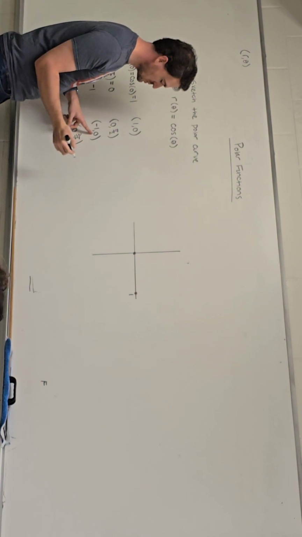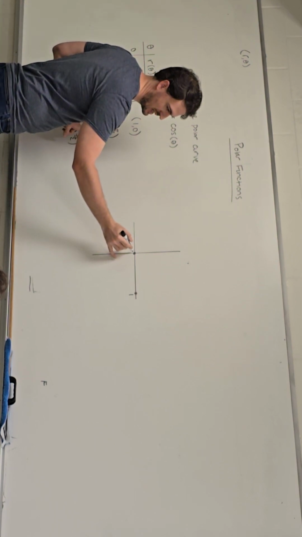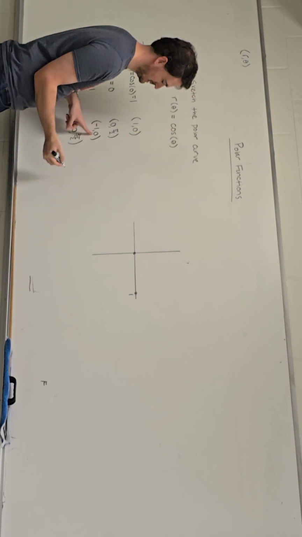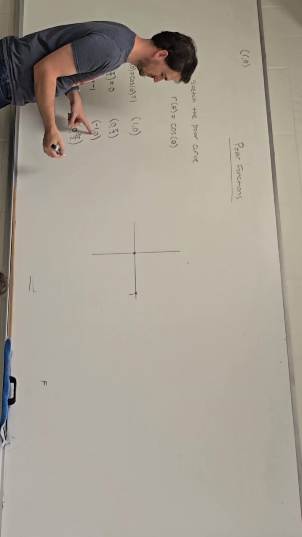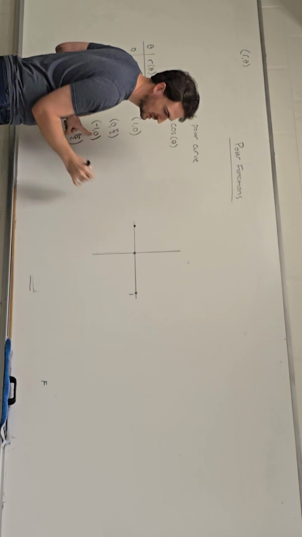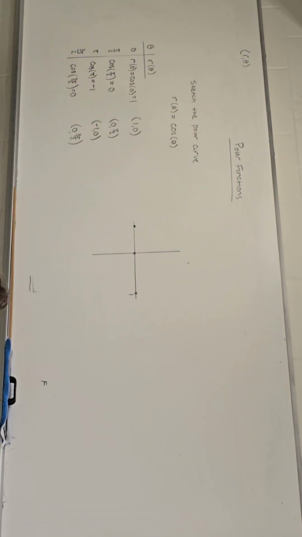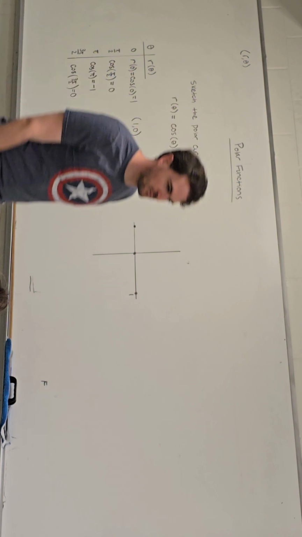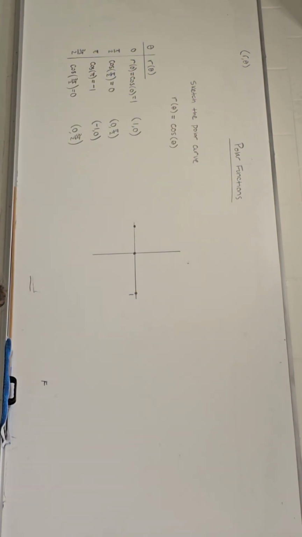This is saying go to an angle of 0, then you've got a radius of -1. But we need to see an animation to really get the visual.